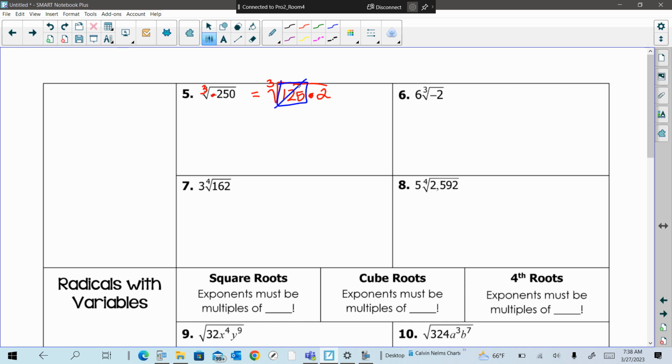That's gone. And when I take the cube root of that number, it becomes 5. So this would be a negative 5 cube root of 2. That's my final answer. It's negative because we had a negative underneath.